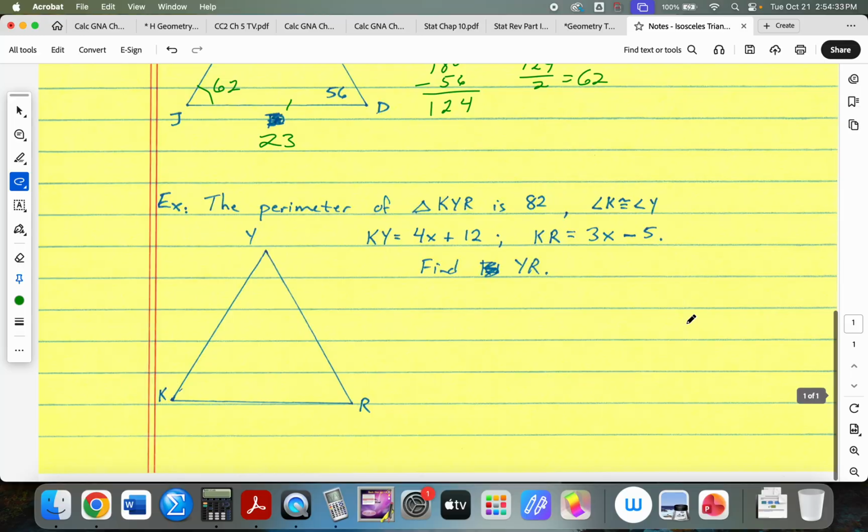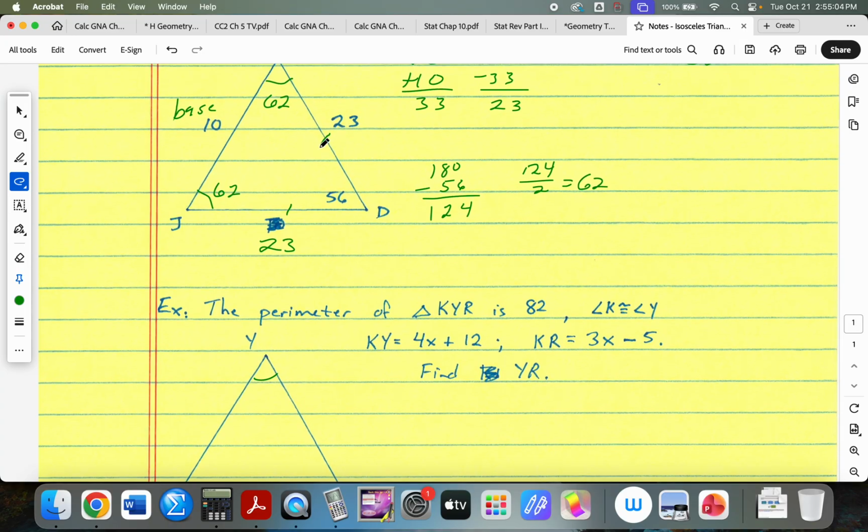All right, let's look at this next one. They also tell you the perimeter on this problem. They tell you that angle K is congruent to angle Y. So if those two angles are congruent, which side is the base? RY is not the base. RK is not the base. KY is the base.